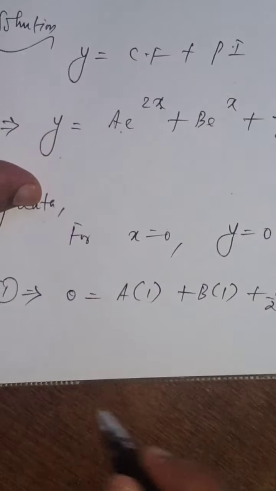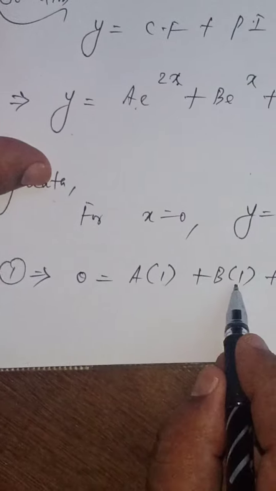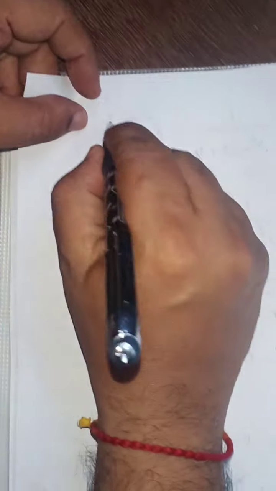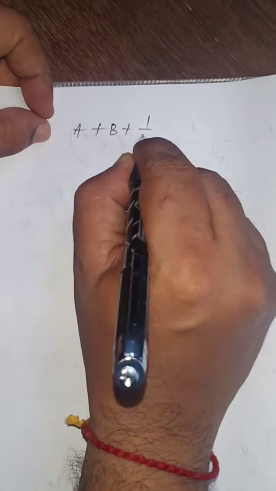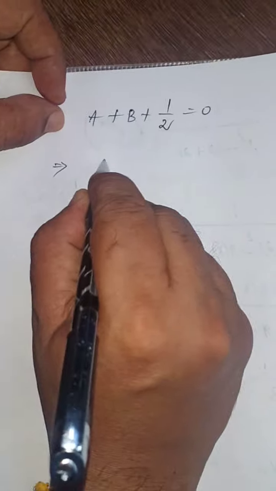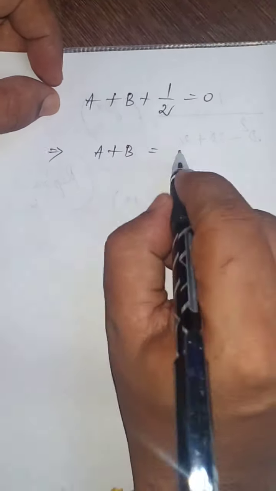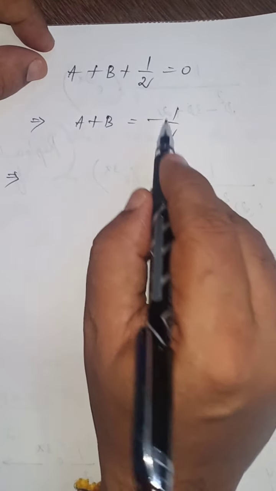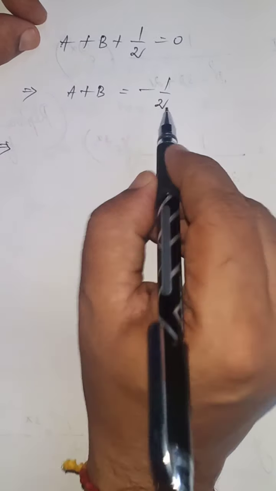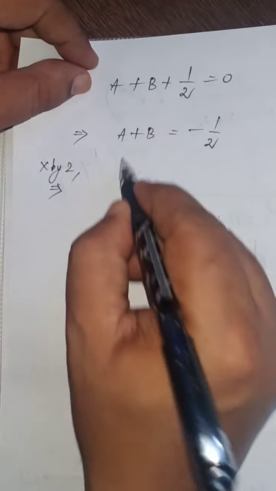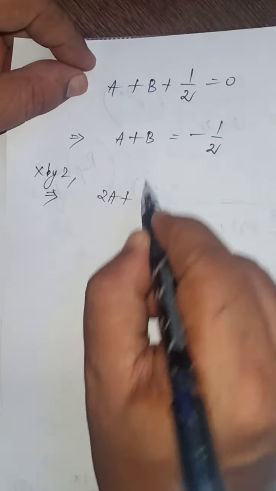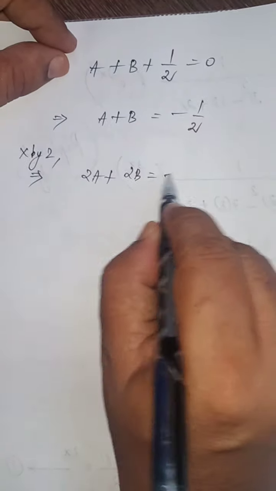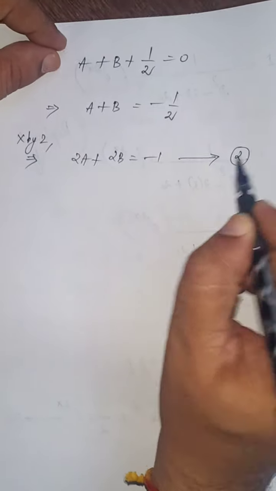So which implies a plus b plus half equals 0, which implies a plus b equals minus half. Since you are getting that fraction, for eliminating the 2 in the denominator, multiply by 2. If you multiply by 2, we get 2a plus 2b equals minus 1. That is equation number 2.